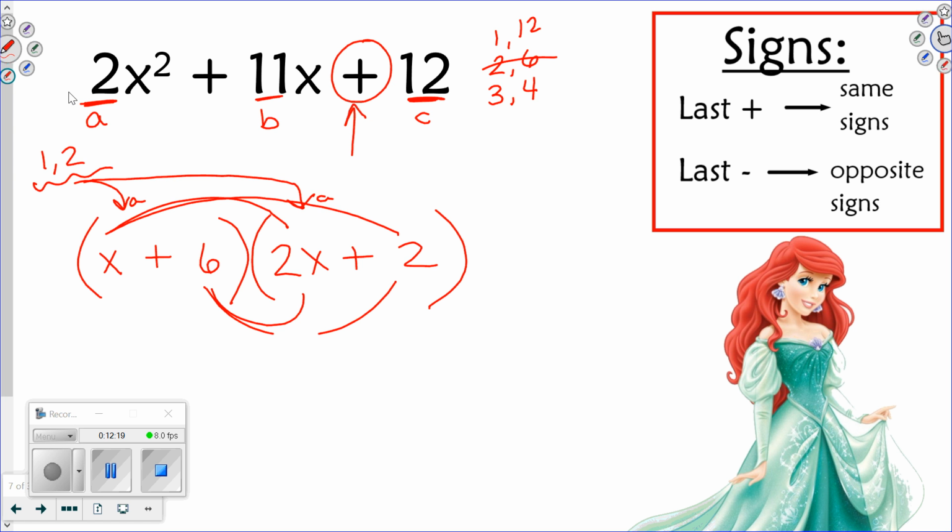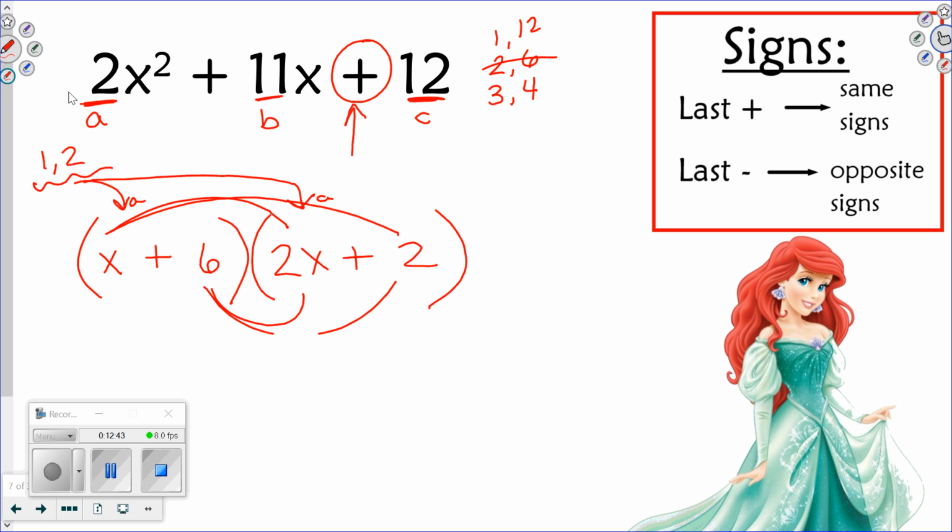Now, I could be mean and let you guys really just keep going with this, but you get tired of it real fast. Let me give you some advice. I can eliminate a lot of options just by looking at what numbers are up there. I knew 2 and 6 wasn't going to work before I even did any math whatsoever.